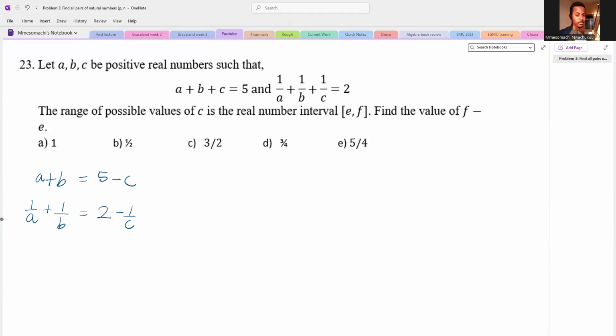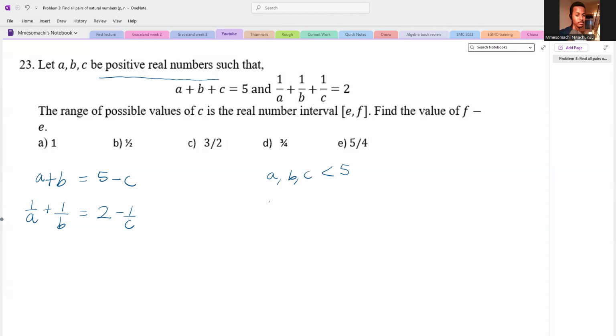But before I go on with this question, I want to establish some things. First of all, we're dealing with positive real numbers, and we want A plus B plus C to be equal to 5. So that means each of A, B, and C must be strictly less than 5, because of positive real numbers. And I also have 1 over A plus 1 over B plus 1 over C equal to 2.